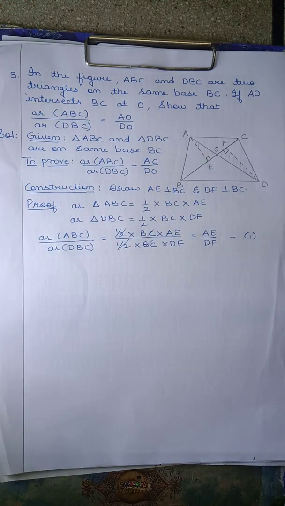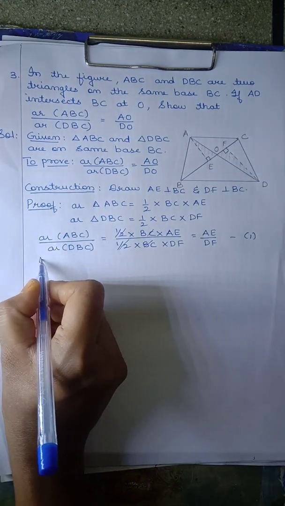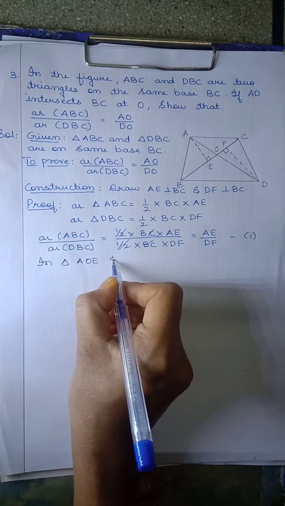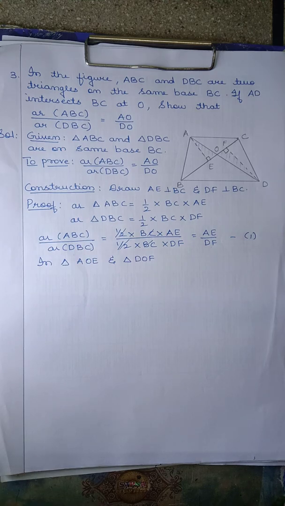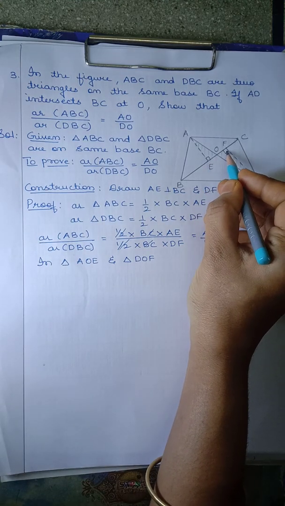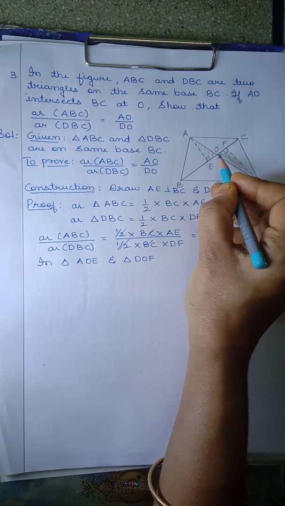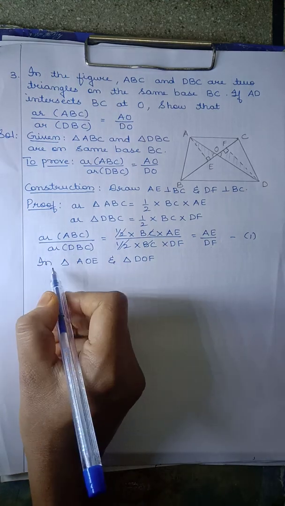So now we'll take these two triangles and prove that they are similar. That is in triangle AOE and triangle DOF. Now here you can see by construction, angle E is equal to angle F is equal to 90 degrees, and these two are vertically opposite angles, equal. So by AA similarity the two triangles are similar.